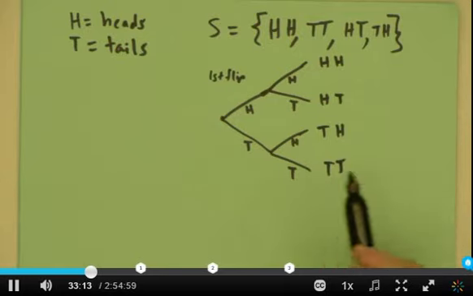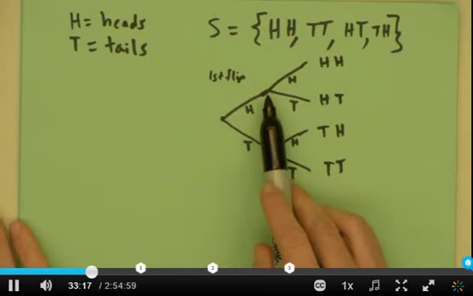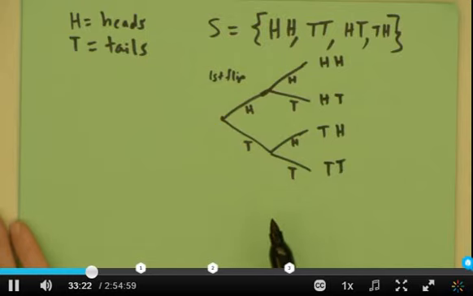But the nice thing about tree diagrams is sometimes what happens on the first outcome might influence the probabilities on the second outcome. And that's where it really helps to be organized in terms of a tree diagram. Maybe I'm rolling 2 dice, and I roll 1 die first, and if it's an even number, I roll the second die twice.